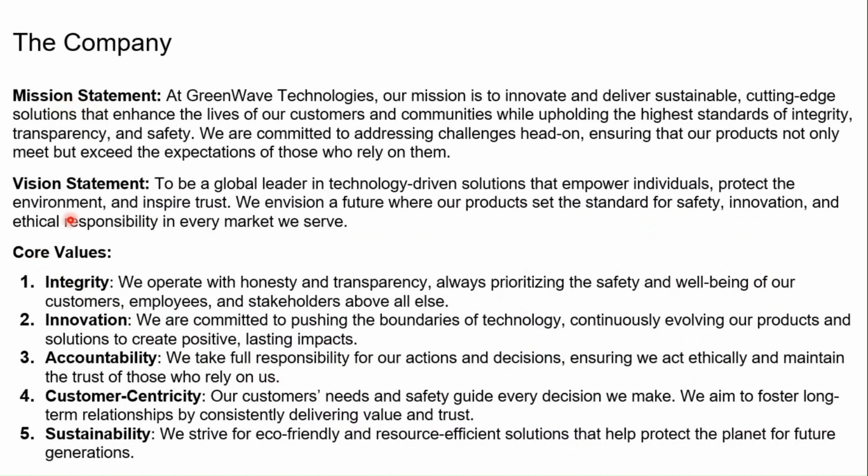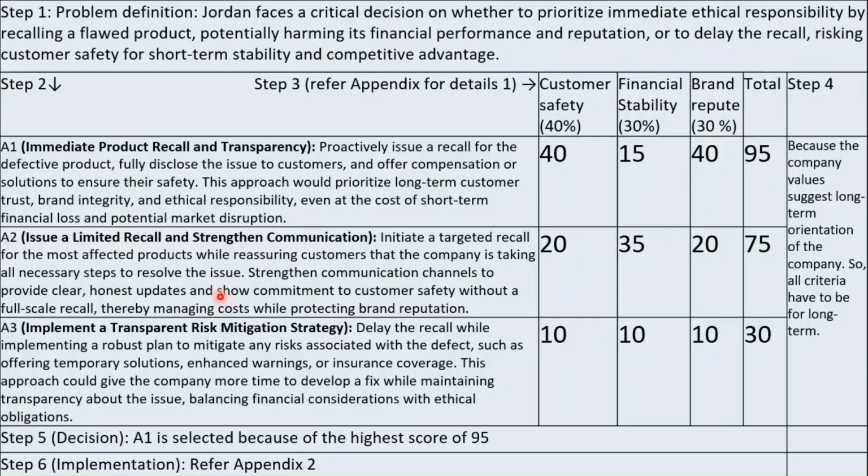So you see here, they prefer integrity, innovation, accountability, customer centricity, right? So whether they should have the parameters which are for long term or for short term, it depends on the mission, vision, and values of the company. So here it is quite clear from the case that it is for long term, the company is bothered. So all these parameters or criteria are basically for the long term.